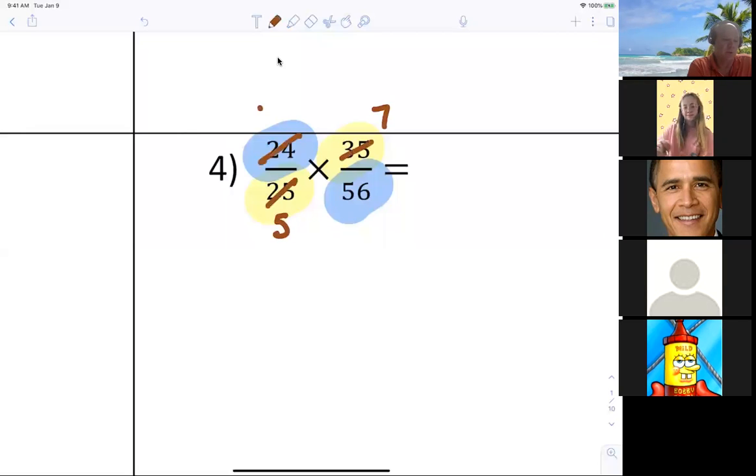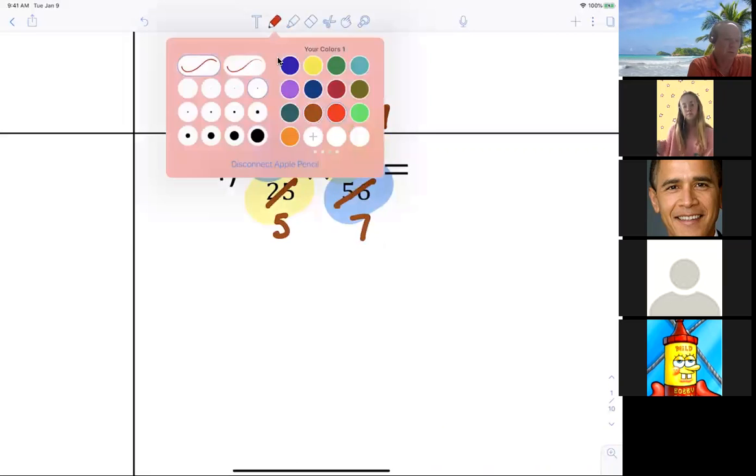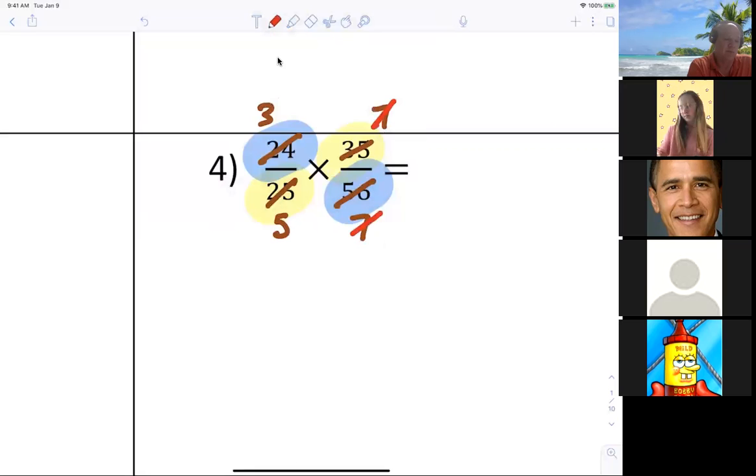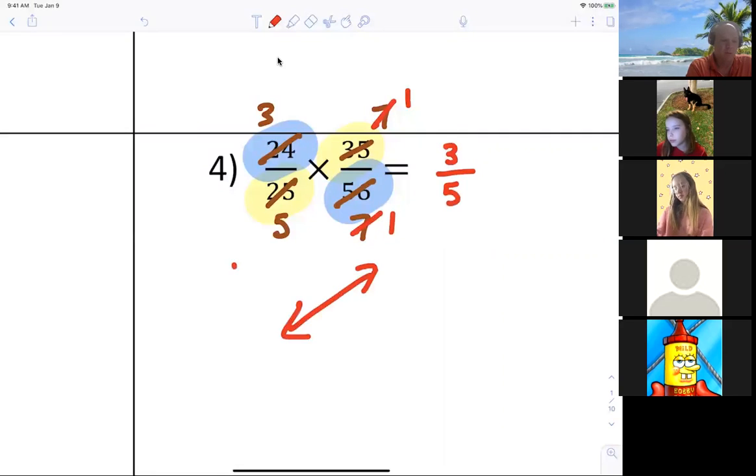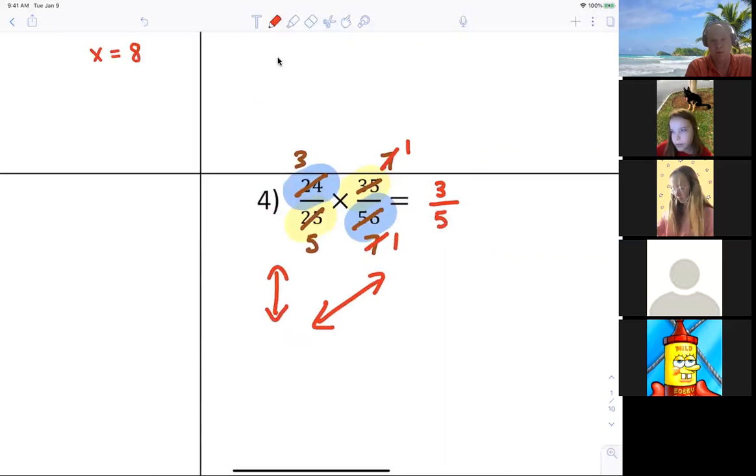Good. Now, what about this guy right here? 7 and 7. 1, 1. I thought you couldn't do down, up and down. You can, as long as you're going 1 from the top and 1 from the bottom. Good review of that.